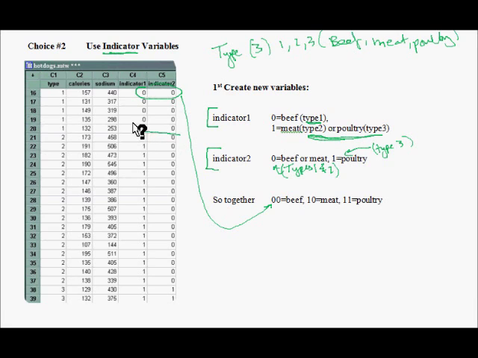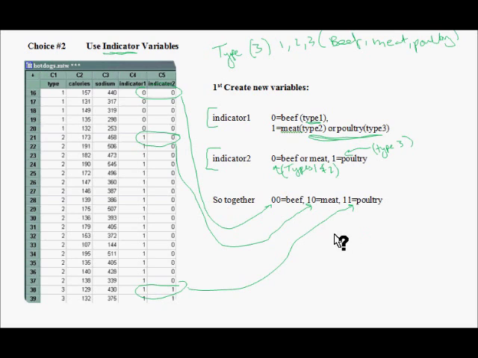If I have a 1, 0, that will indicate meat. If I have a 1, 1, that will indicate poultry. And that will allow them to be their own models, but it will also allow the regression to fit better, have more points to look at. So that's what we're going to create, the indicator variables, and then we're going to see what happens.